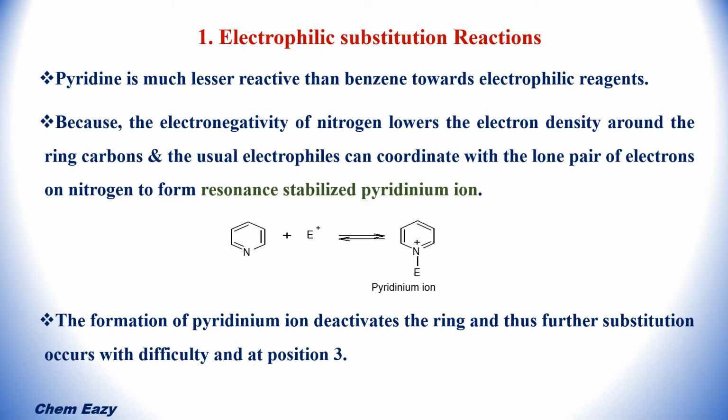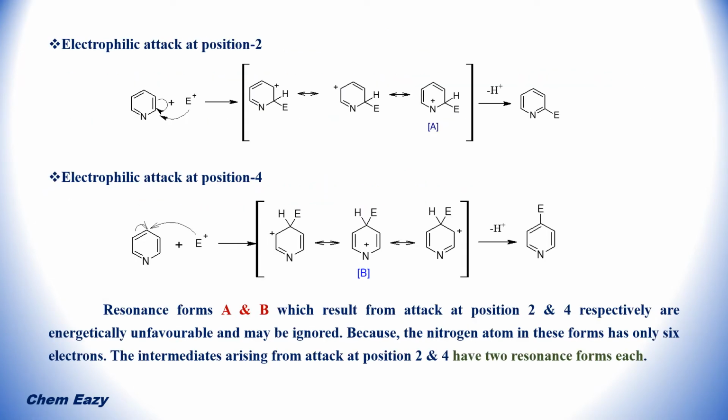The formation of pyridinium cation deactivates the ring so that further substitution occurs with difficulty, and generally the substitution takes place at position 3 of pyridine. As shown here, when the electrophile attacks the second position of pyridine, these three resonance forms are possible.